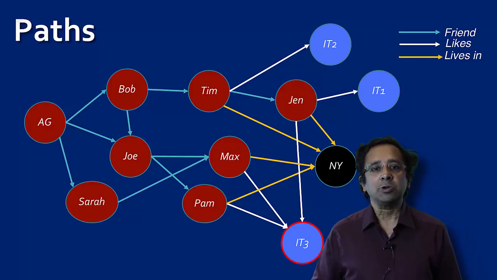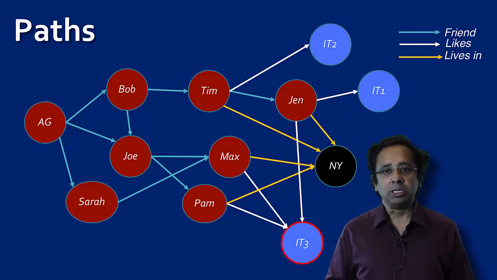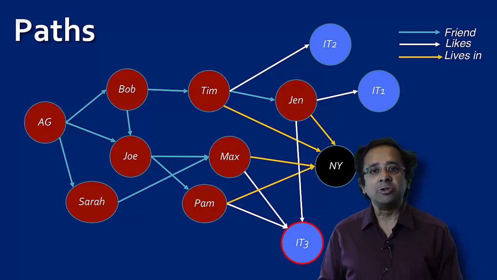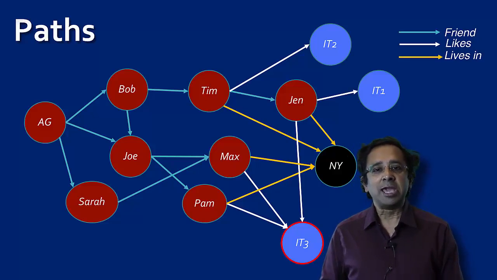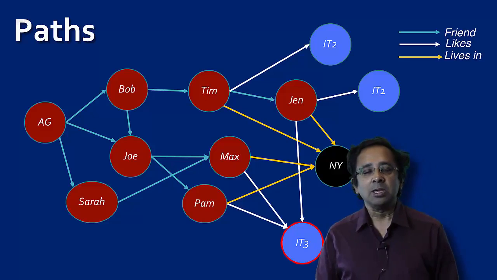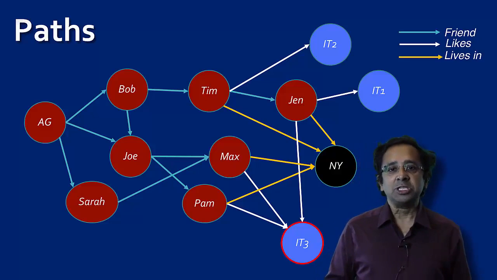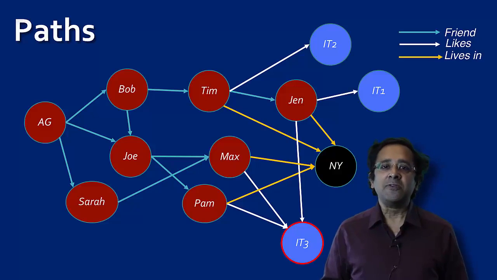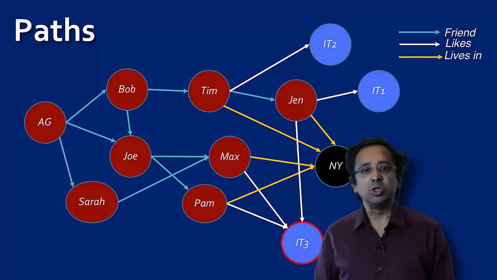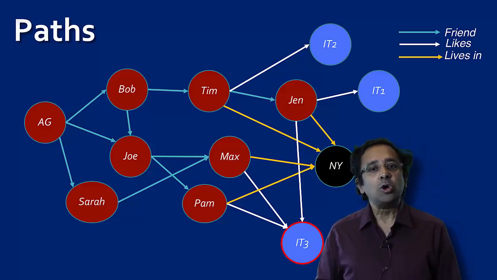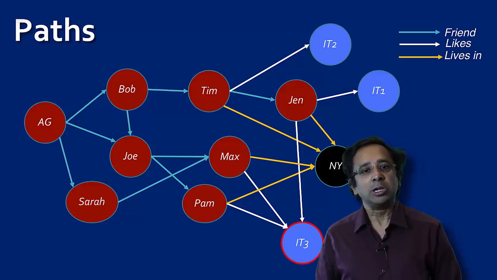Consider a social network with three types of nodes: user, city, and restaurant, and three types of edges: friend, likes, and lives in. The leftmost node, AG, represents me, and I'm interested in finding a good Italian restaurant in New York that my friends or their friends who also live in New York like.